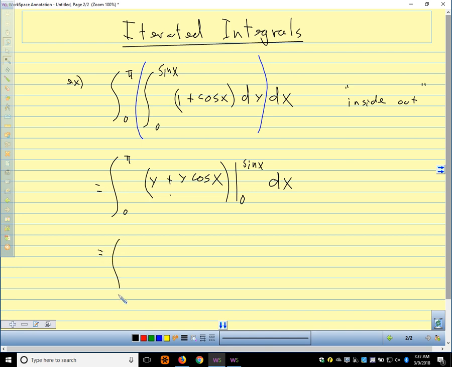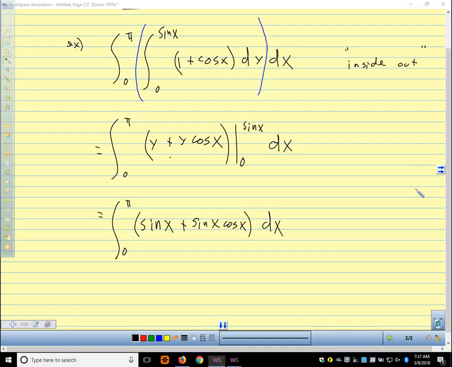So when we evaluate that inner integral, we get sine x, with y equals 0 to y equals sine x, plus sine x cosine x dx. And this is not a bad integral.